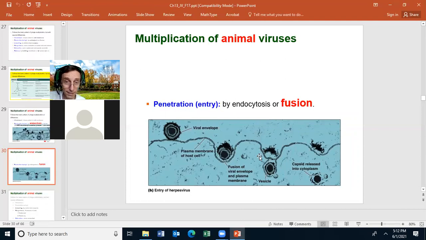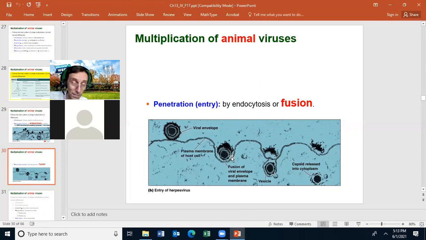What happens is that the envelope of the virus fuses, which isn't shown, with the envelope of the membrane. And this looks like a phagosome. That's why I was looking at that. So this is fusion, this is phagosome. And then the envelope is brought into the cell, and the envelope is removed, and then the virus is released.